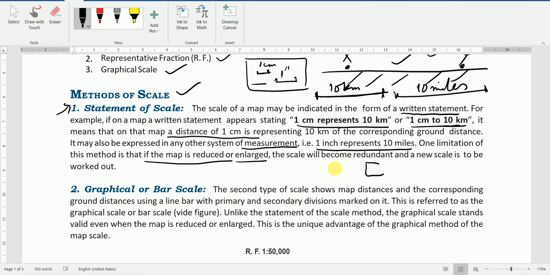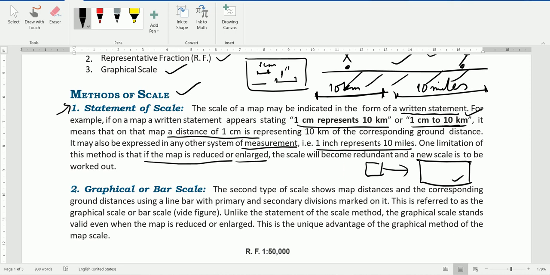For example, this is a small map and you want to make it bigger. That is called enlargement of map. When your map is enlarged, such a statement of scale becomes useless, meaningless, invalid. That is why we need to calculate a new scale for the new map.